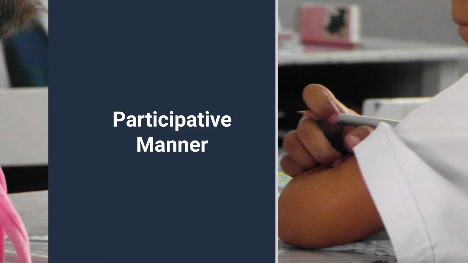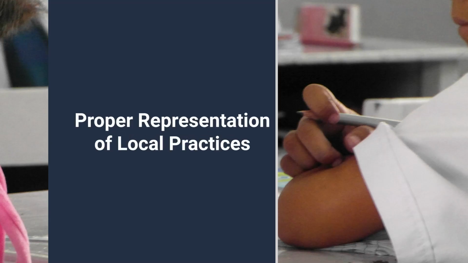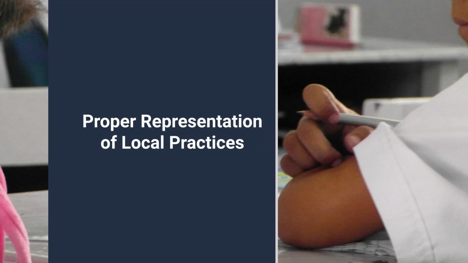A participative manner is also given importance, that is, how to develop participation among different social groups so far as the education system is concerned, and how to reflect it in the curriculum. Then proper representation of local practices. I have already said: local art, local craft, local languages, dialects, and at the same time lifestyle, culture, unique practices.